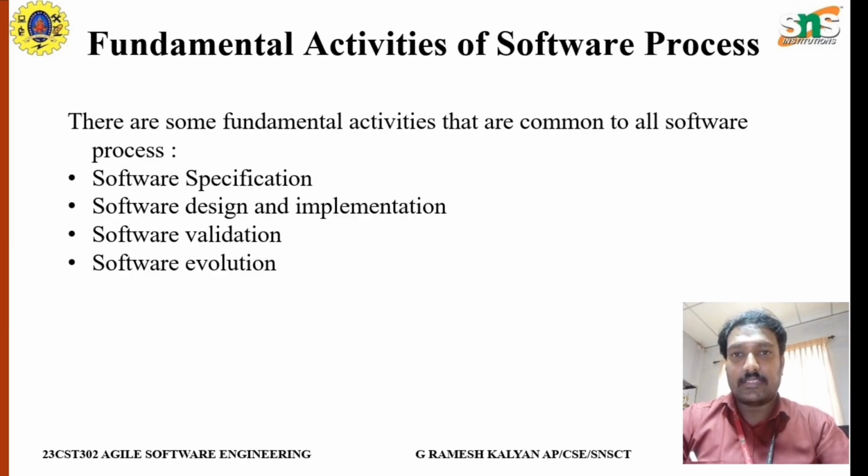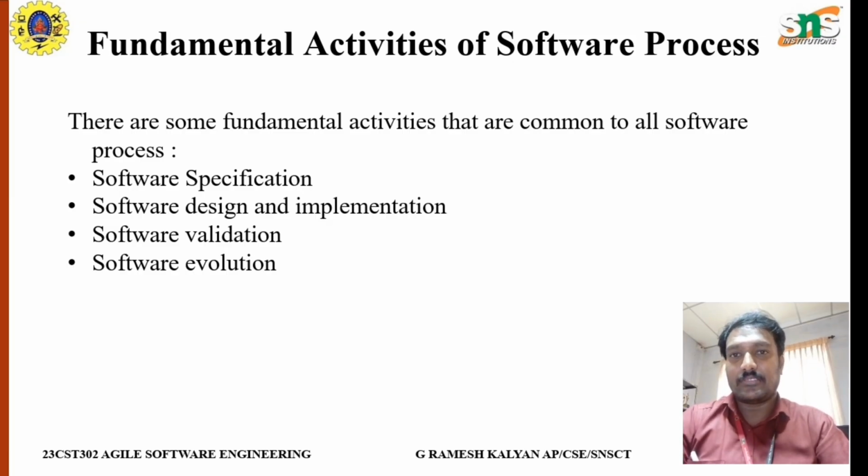Then the software validation. This software validation deals with testing for errors or bugs and the quality process. This is done in order to catch any errors or bugs that have happened till now. Once the errors or bugs are found, they are cleared immediately, and then the process is continued after clearing all the bugs.